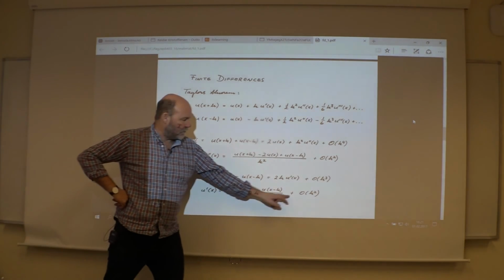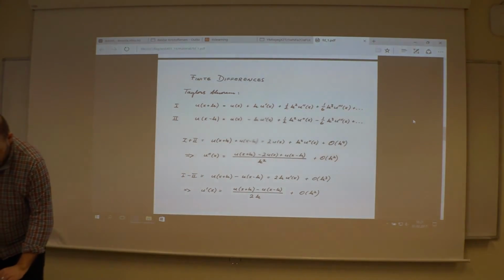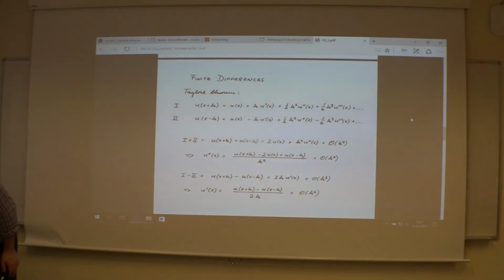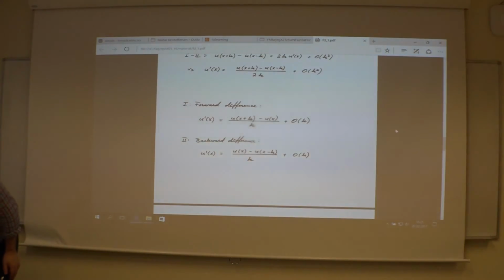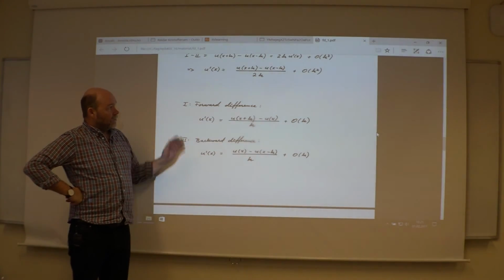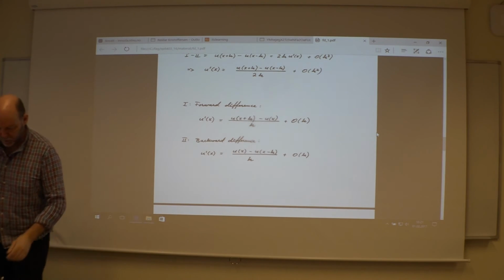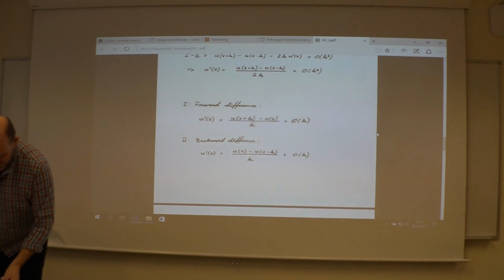Here again, second order accurate. You can use forward difference, backward difference. So we are going to play around with these different schemes, sort of as building blocks when we construct discrete versions of our equations.